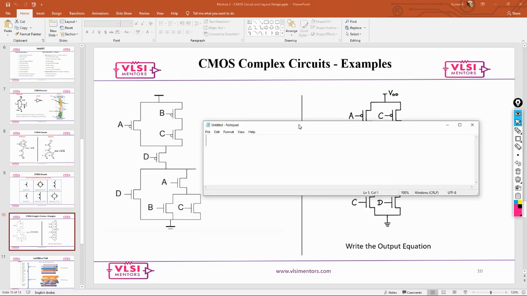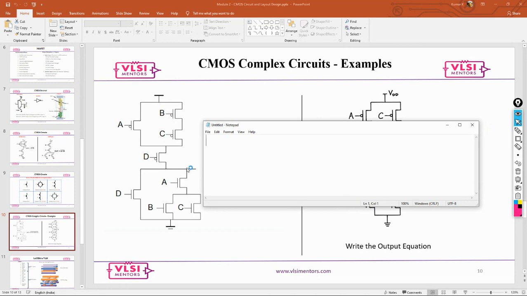Can you guys tell me the equation for the first one? Since you guys have gone through the basics now, let's do some class work. What is going to be the equation for Z here? You have got four variables.